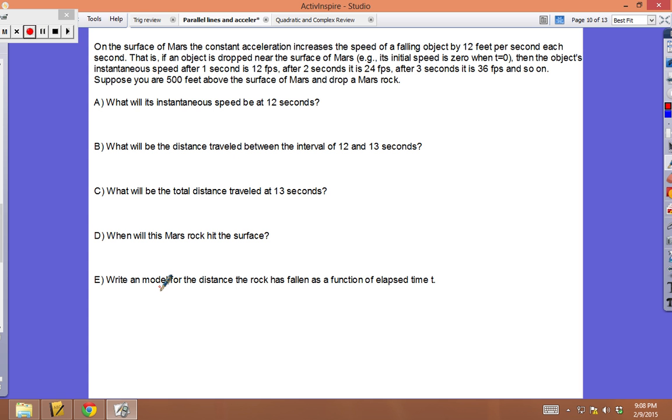Okay, the model. The distance, there's kind of two formulas. Distance as a function of time is going to equal, it's quadratic, ax squared plus bx plus c. And remember, a is kind of the average rate of change. So you take this 12 and you divide it by 2. So it's going to be 6x squared. So that is the distance right there.